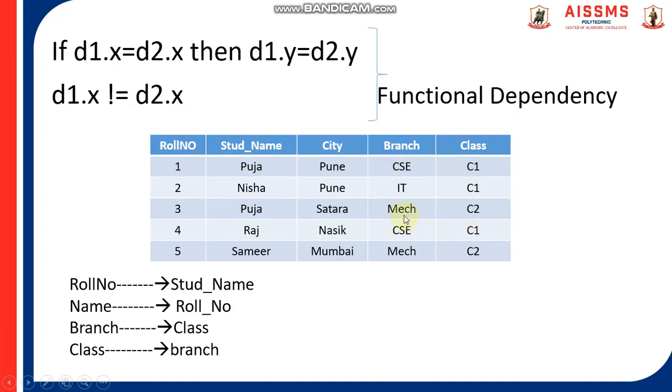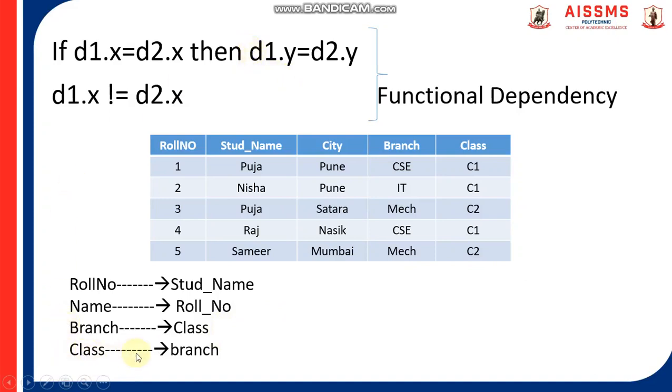Mechanical is also duplicated: mechanical C2, mechanical C2. This is the first case, mechanical, where D1.y is C2 and D2.y is C2. So this is an example of a functional dependency, because the first case is satisfied.